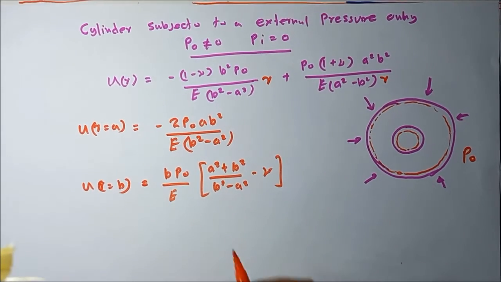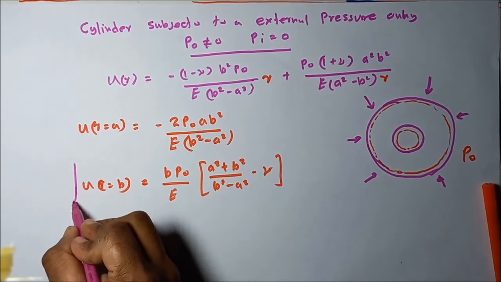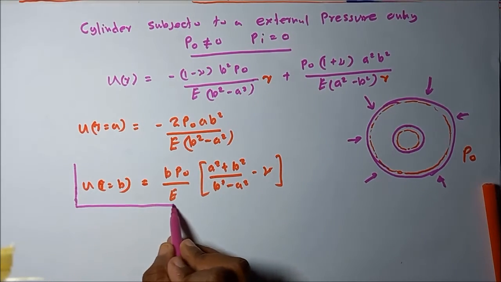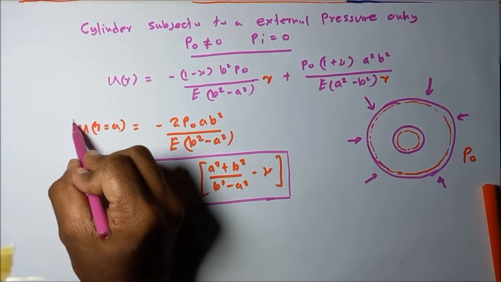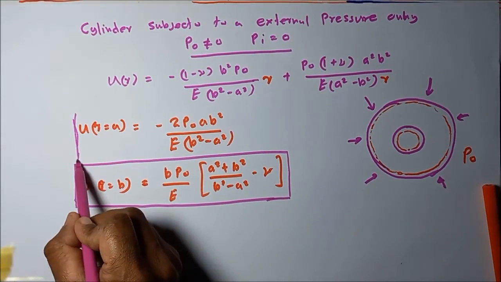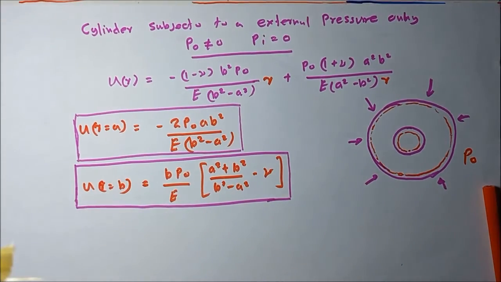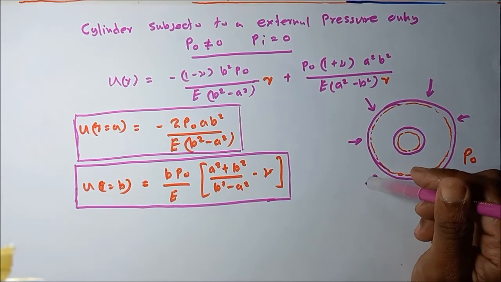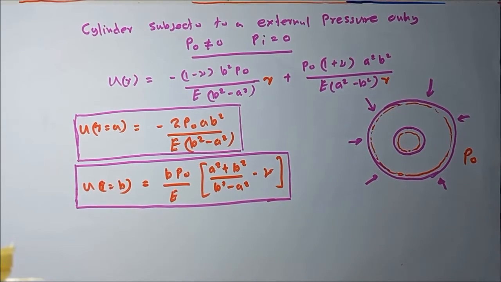Then these are the two equations representing the displacement of the internal and external surfaces when subjected to an external pressure only situation. These equations are very important when doing the problems.